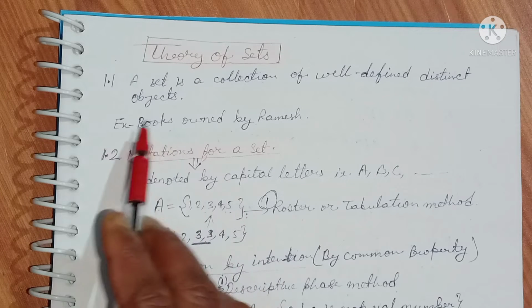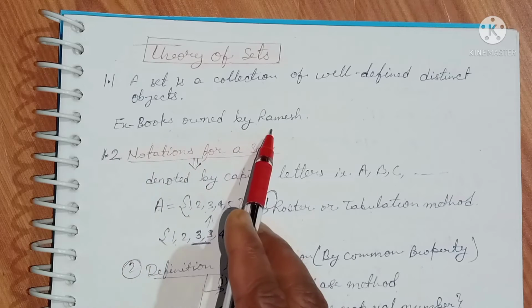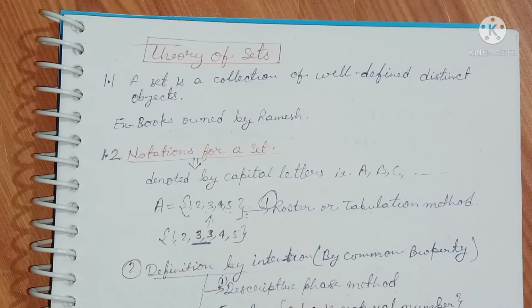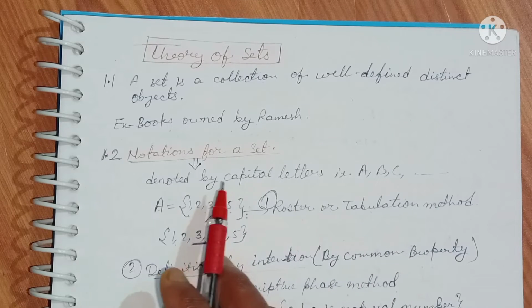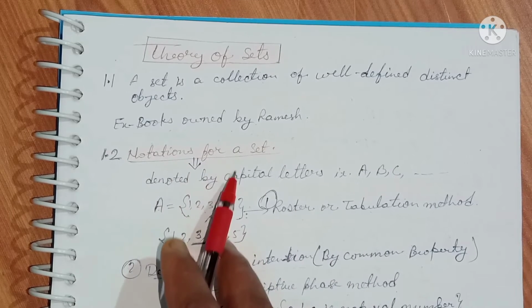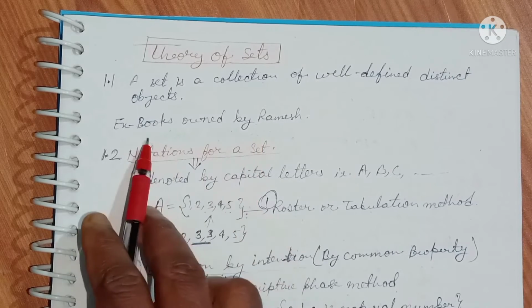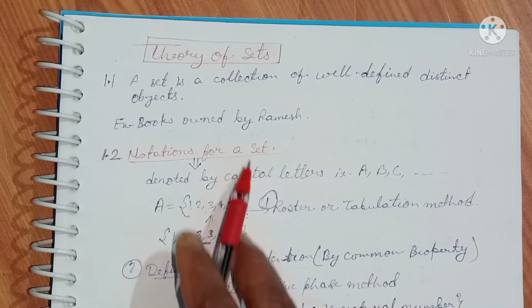For example, books owned by Ramesh. Ramesh knows exactly how many books he has. Distinctness means all individual books can be identified. So that's why this is an example of a set.